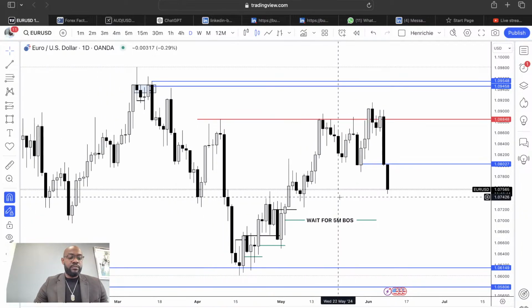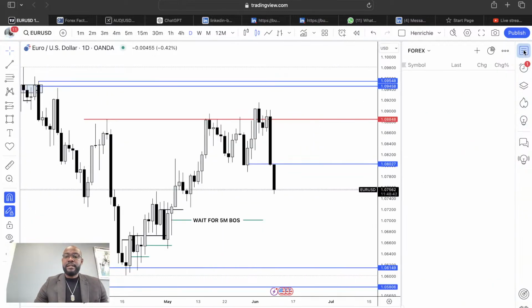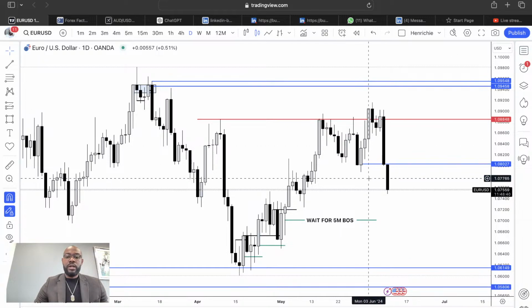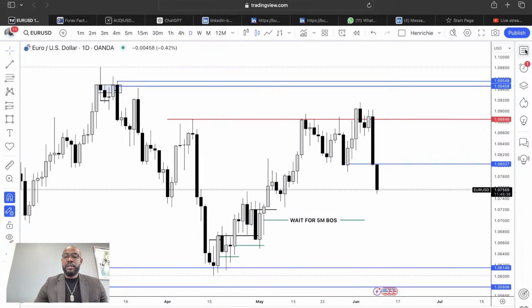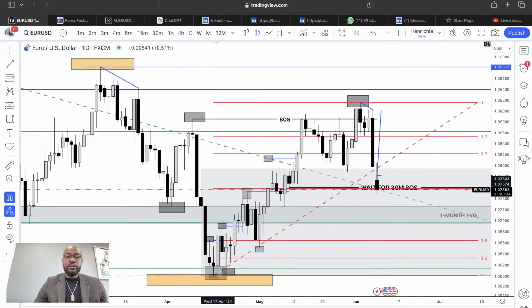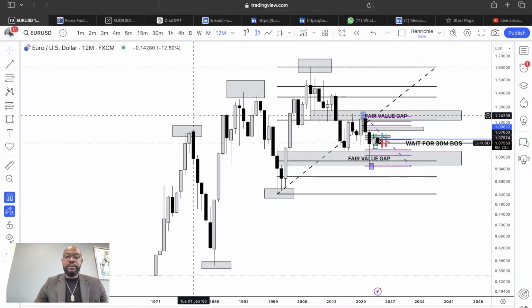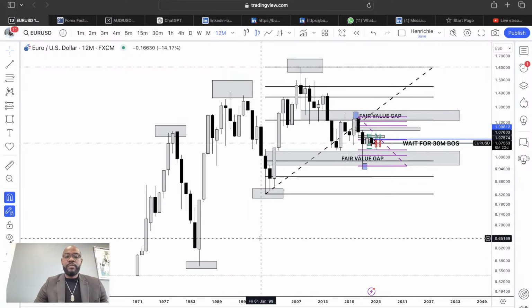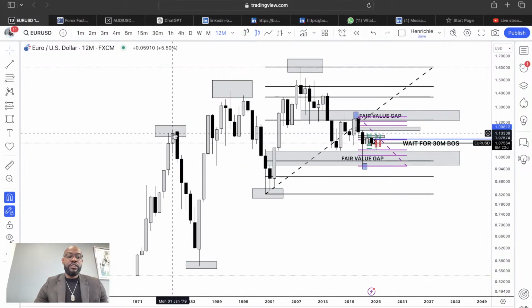So in this live stream, we're going to start with talking about my analysis on the Euro US dollar, what I'm anticipating to see in the marketplace. So far, if we look at the 12-month time frame, you can see that the 12-month time frame is consistently showing us a bullish structure.